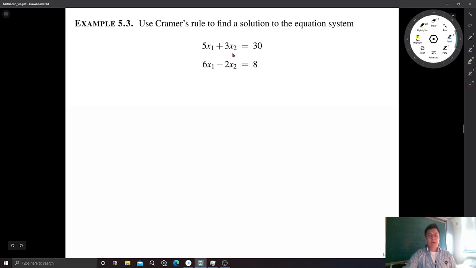Because we have two equations and two variables, if we rearrange this equation into matrix form, the coefficient matrix is going to be 2 by 2. Okay. So first, let me rearrange this equation, rewriting it into matrix form.